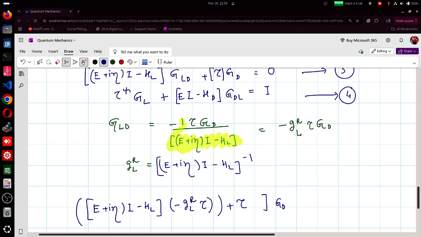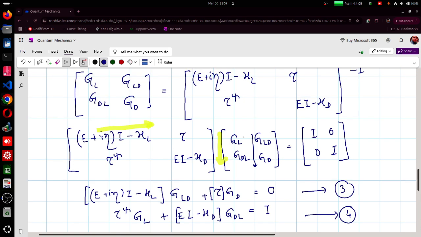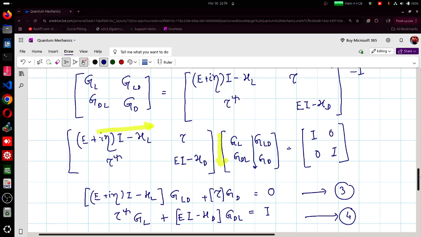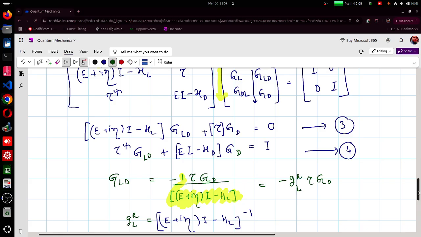Okay, we had calculated this column, right? So if we calculate the second column only, what will we get? For the second column this is LD and this is GD, right? So from this we can easily get GD.